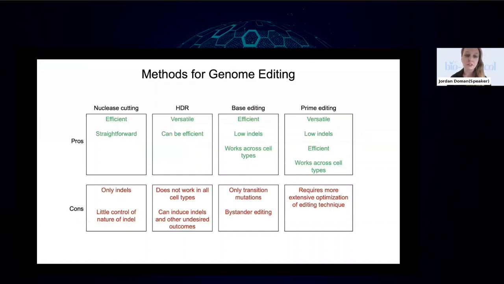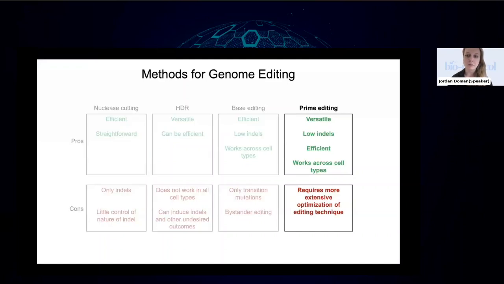It can be really versatile and very efficient in the cell types that it works in, but unfortunately, it doesn't work in all cell types, such as postmitotic cells. And because you're still going through a double-stranded DNA break, it can lead to other undesired consequences like large deletions, indels at the target site, large translocations, and other undesired byproducts. Base editing, like I mentioned, is very efficient and very good at what it does, but it's limited to transition mutations, so C to T and A to G changes.